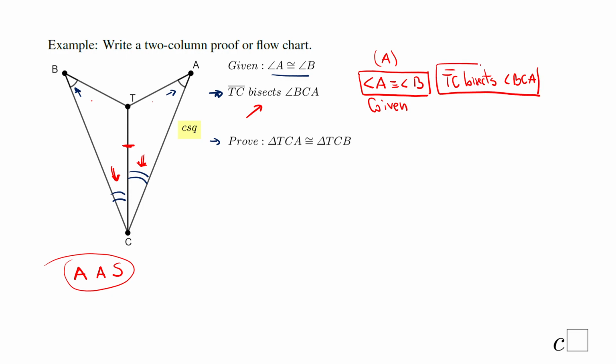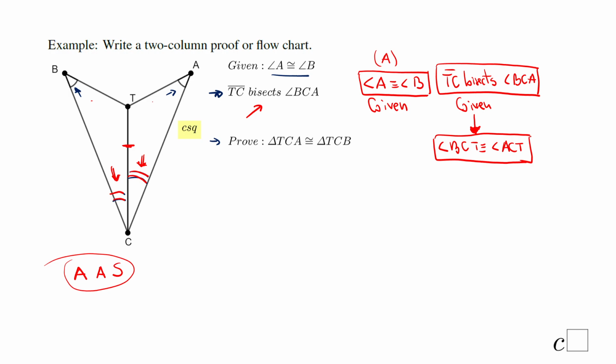Okay, and why can we write this? Because this is given, that is the reason. Now, from this, we can write the next thing: that these two angles are congruent, right? Angle BCT, again you have to use three letters, congruent to angle ACT. And what's the reason for writing this?